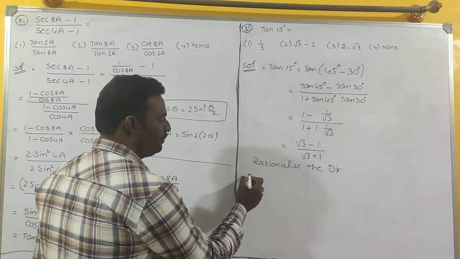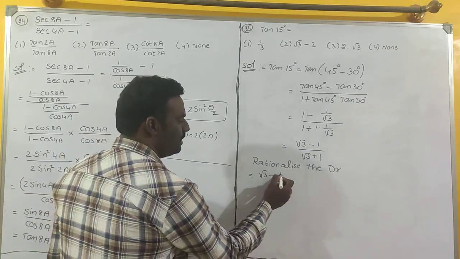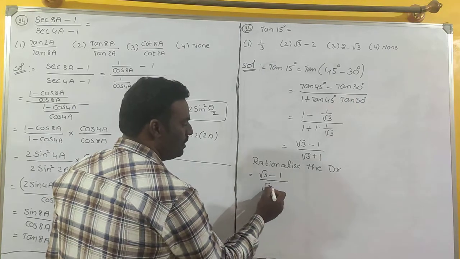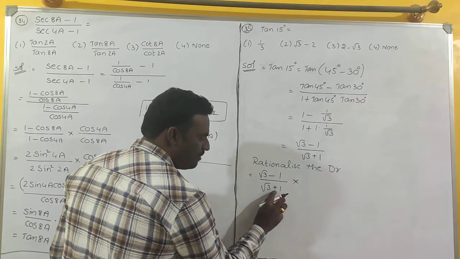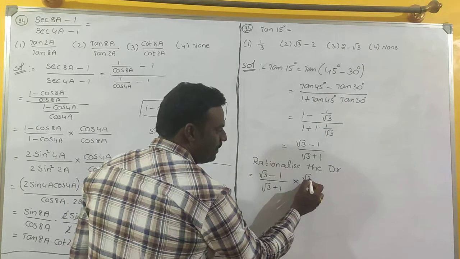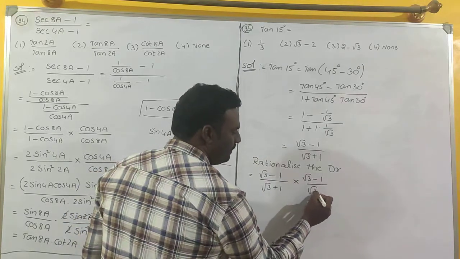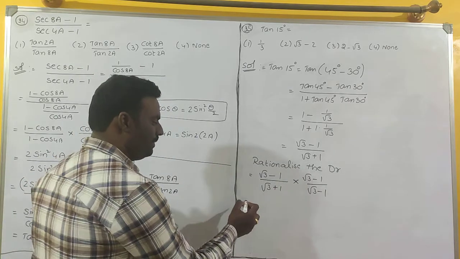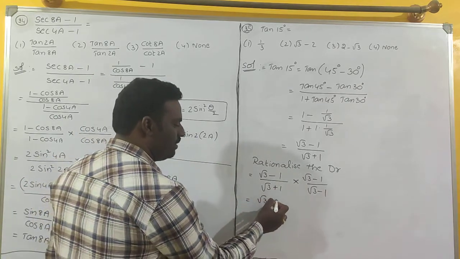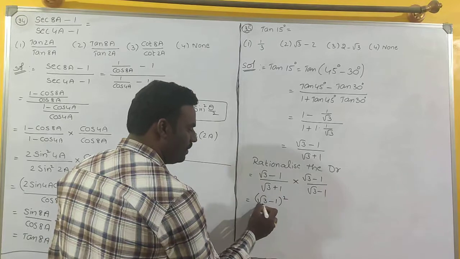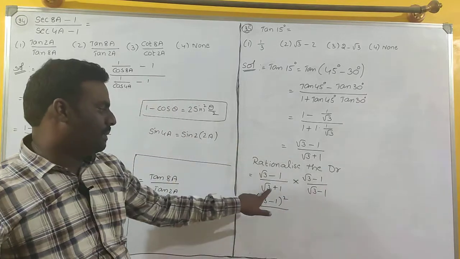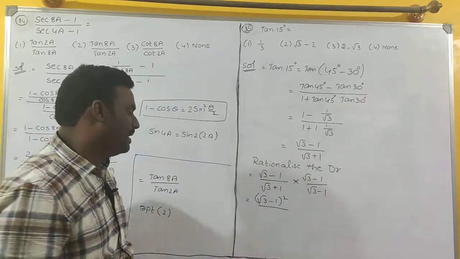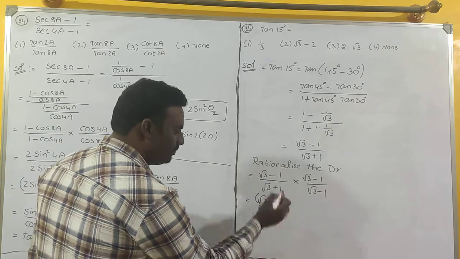That equals root 3 minus 1 by root 3 plus 1 into, in place of plus you put minus, multiply and divide. Now (a minus b) into (a minus b), whole square, by the denominator (a plus b) into (a minus b), a square minus b square, that becomes 2.